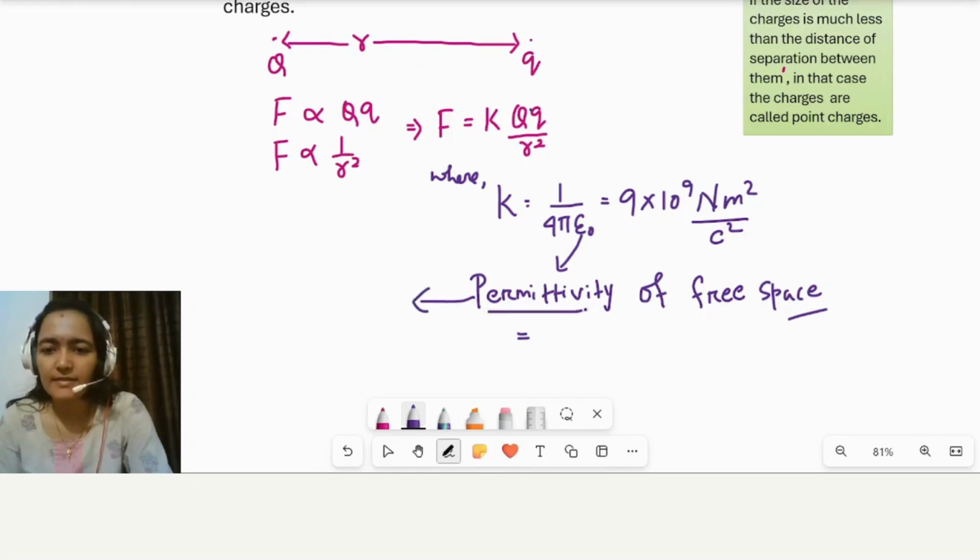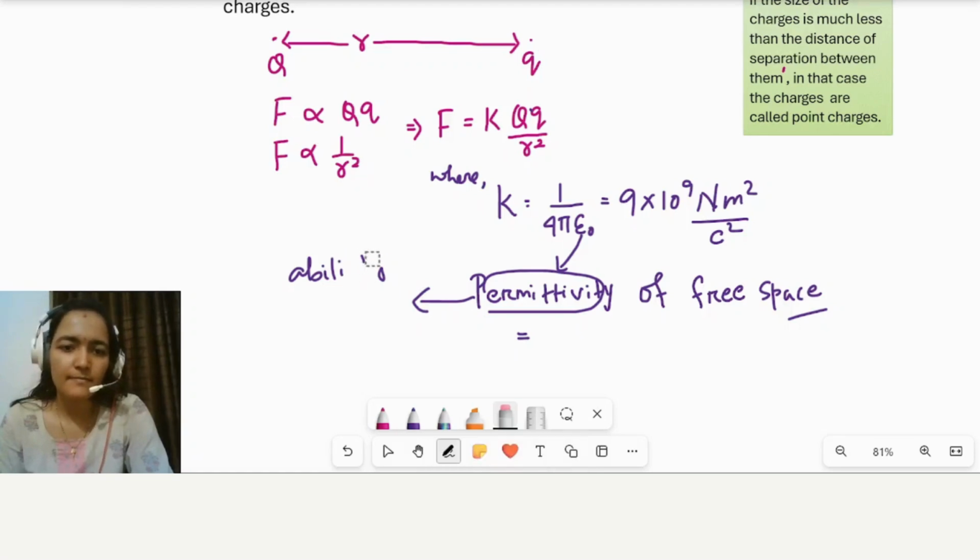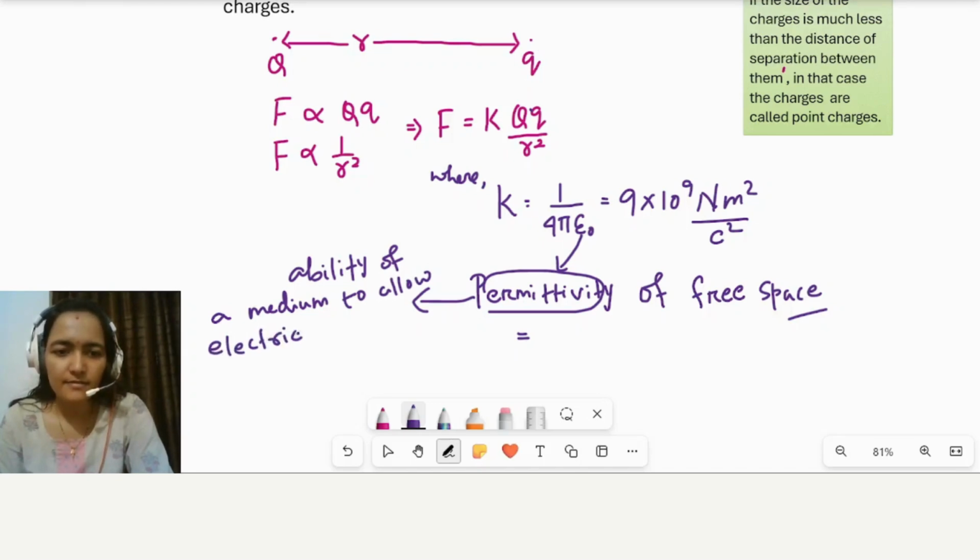Permittivity means it is the ability of a medium to allow electric field through it.